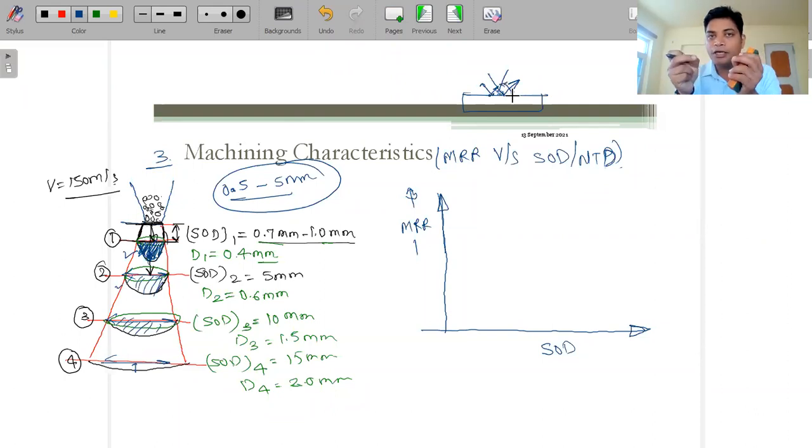So there is a possibility of material removal from the nozzle, which means the life of the nozzle decreases.